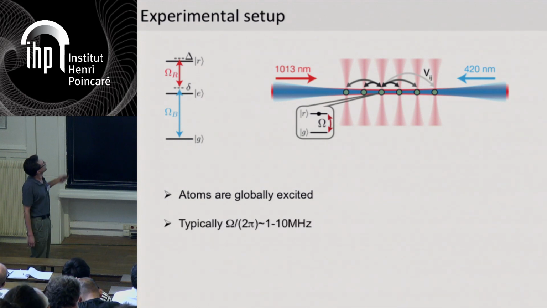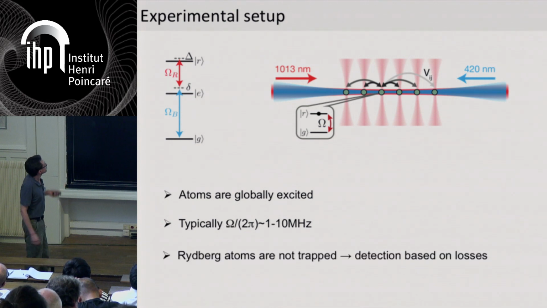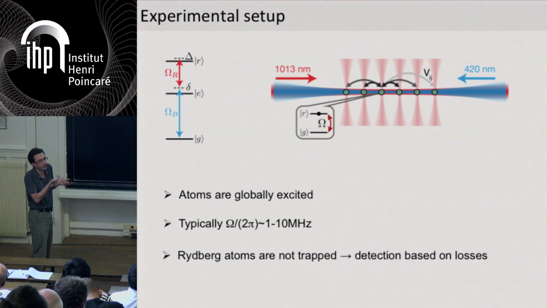And typically, the Rabi frequency we get with the available laser powers is on the order of 1 to 10 megahertz. And because the Rydberg atoms are not trapped, they are actually anti-trapped by the tweezers. That gives us a convenient way of detecting them as missing atoms.